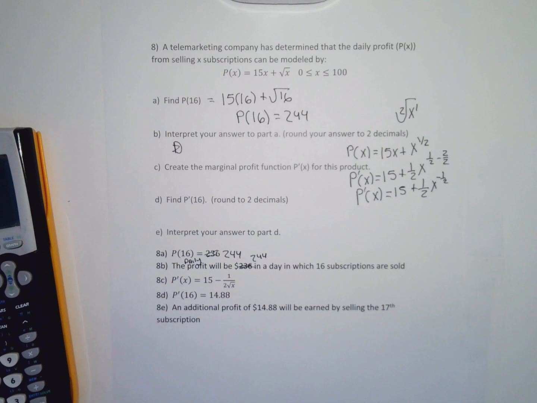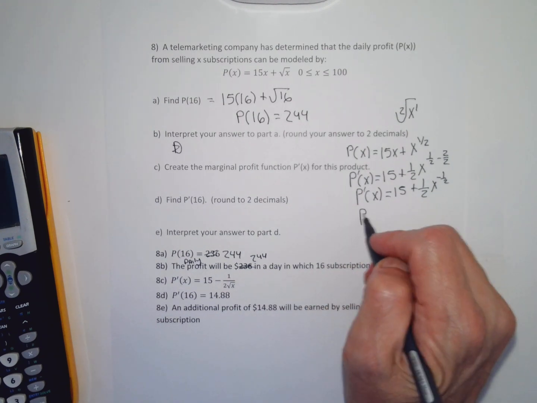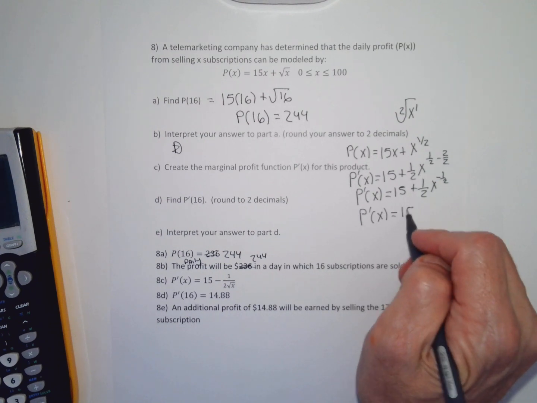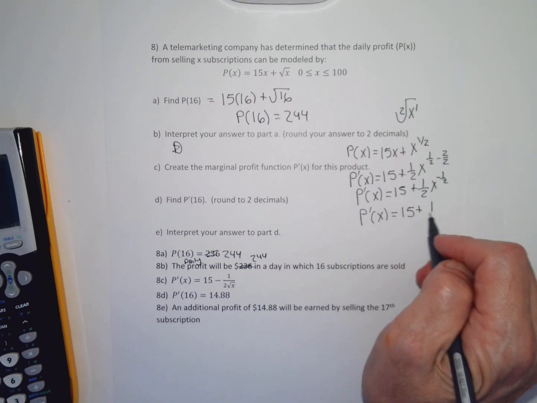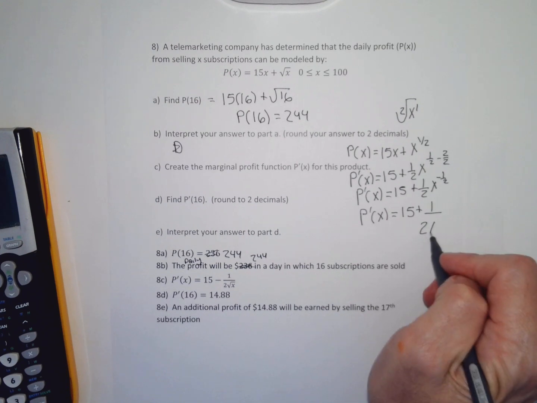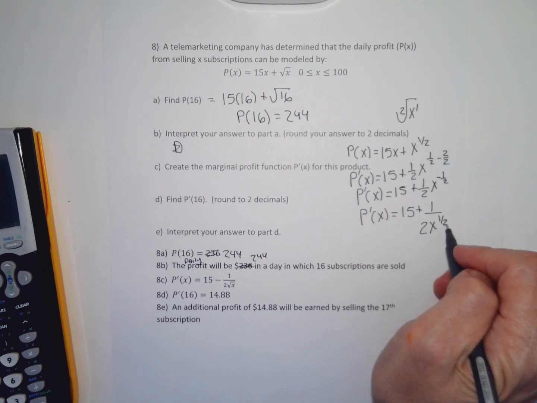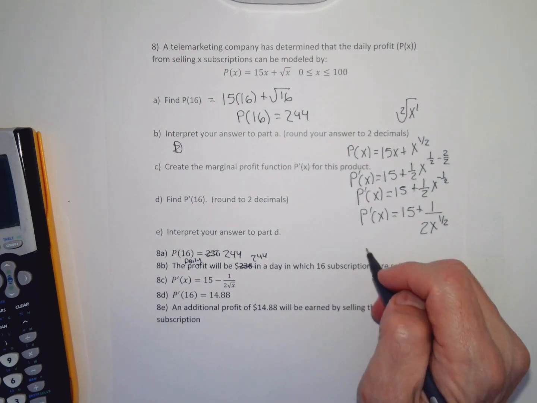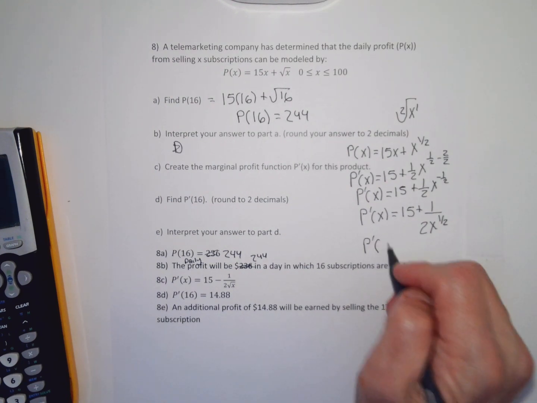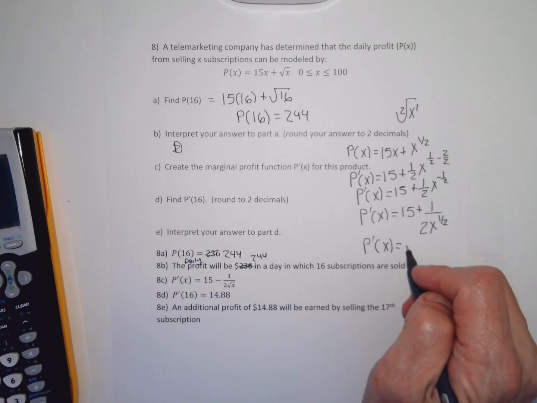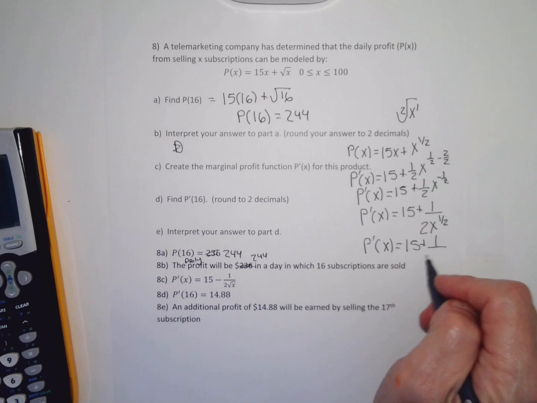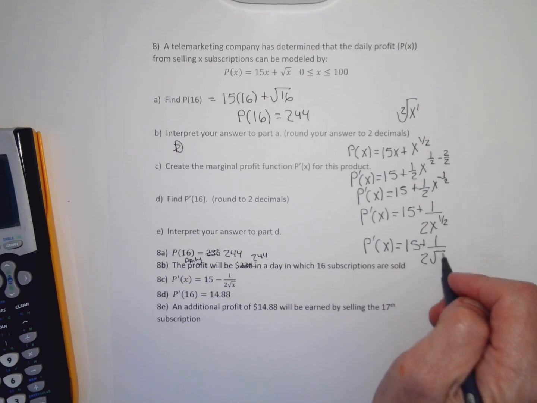is negative 1/2. I'm going to make that negative exponent positive by burying it in the denominator of the fraction next to the 2. And then I'm going to make the fraction of 1/2 as an exponent back into a square root. 1/2 exponents are always square roots. And this is a pretty non-pleasant marginal profit function.